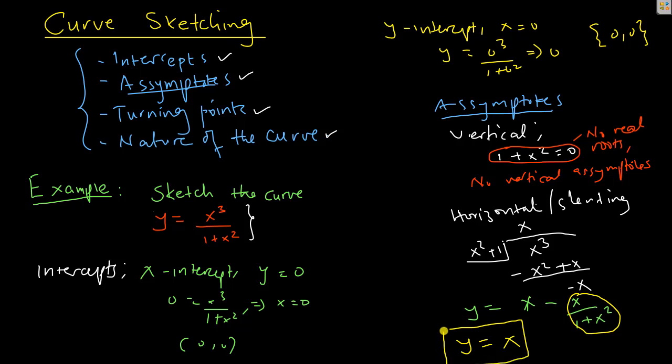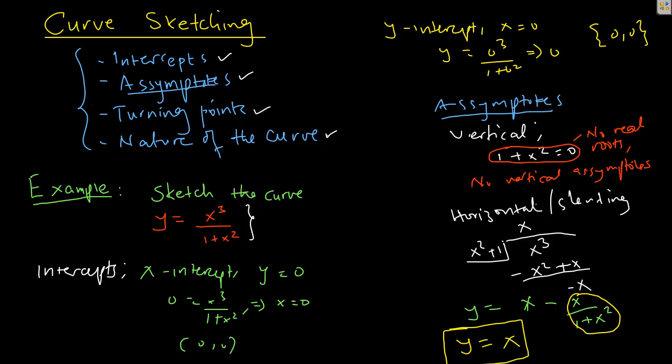Very important here: the limit as x tends to infinity is going to make this term 0. And this is nearly not going to be affected because as x increases, this line y equals x just increases in that respect.